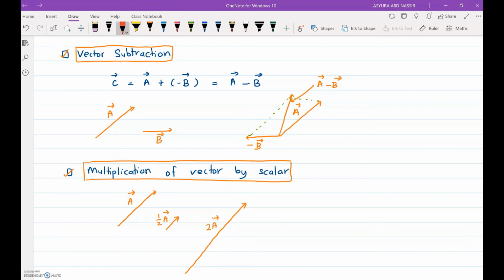So the multiplication of a vector by a scalar, we write in the form kA. And the magnitude of kA will be equal to k times the magnitude of A.